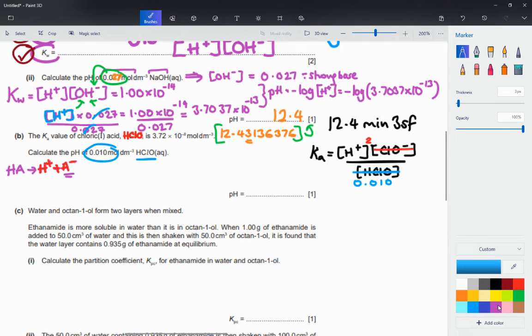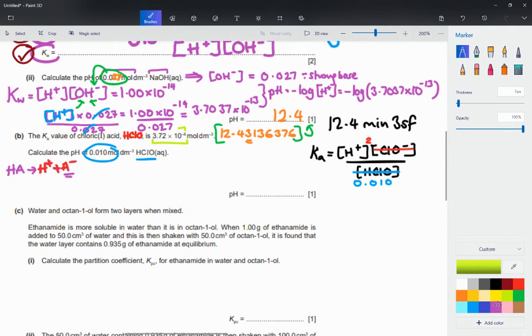And the interesting thing about this question is that they don't tell you anything about the strength of the acid. They actually want you to determine that from this number. Now you notice that this number is very, very small. It's 10 to the minus 8.